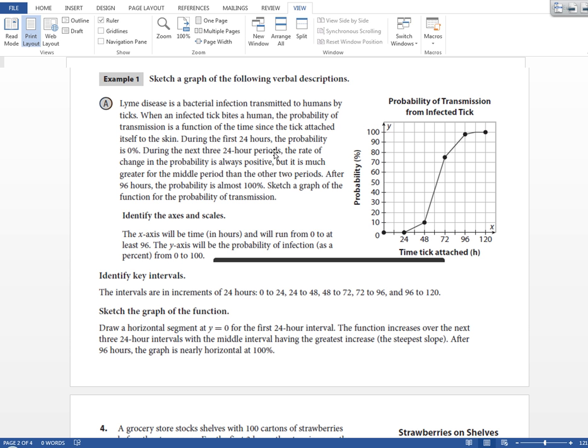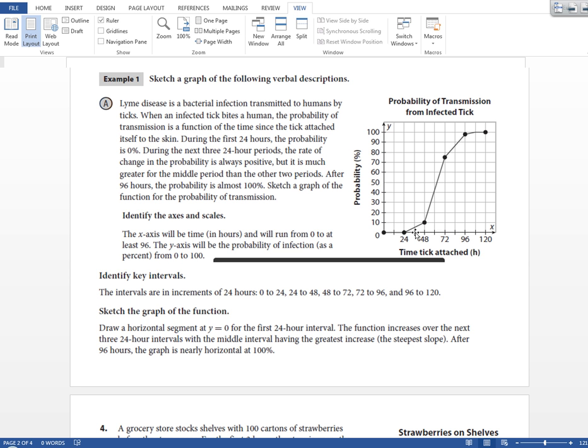What else? How many fairly steep positive segments are there? Like 1, 2, 3, right? It talked about how during the next 3 24-hour periods, the rate of change in probability is always positive, right?